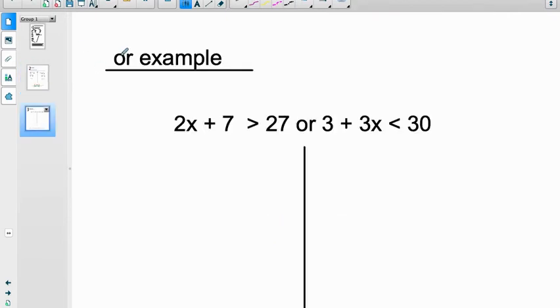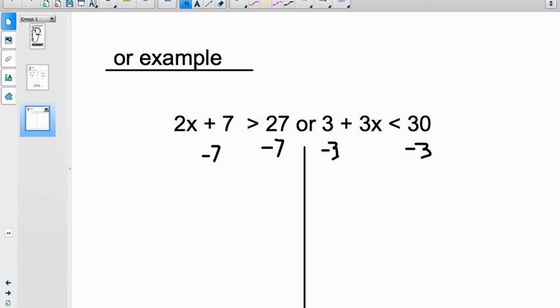Now here's an or example. We have 2x plus 7 is greater than 27, or 3 plus 3x is less than 30. For this one, you just need to solve both individually. So in the left one, we got to subtract 7 first on both sides. And then the right one, we need to subtract 3 on both sides.